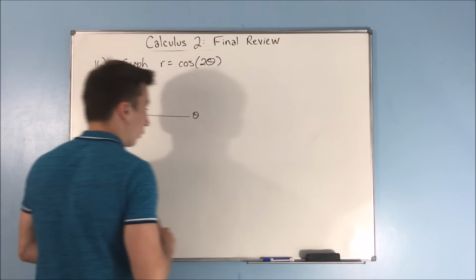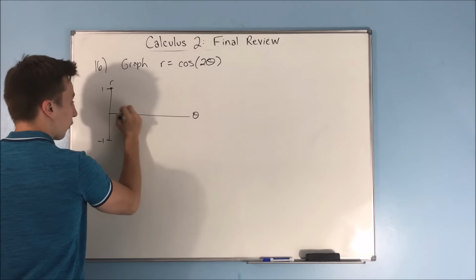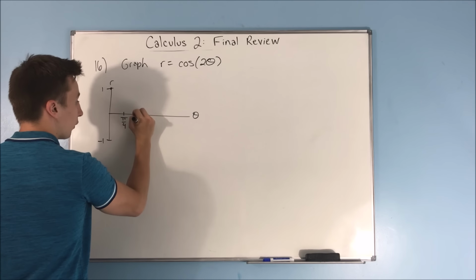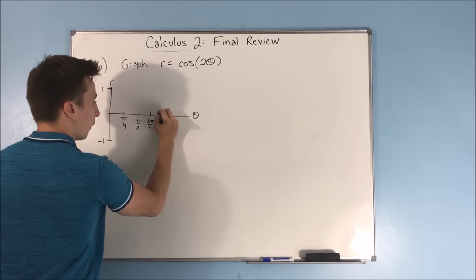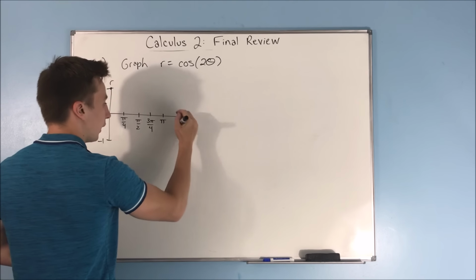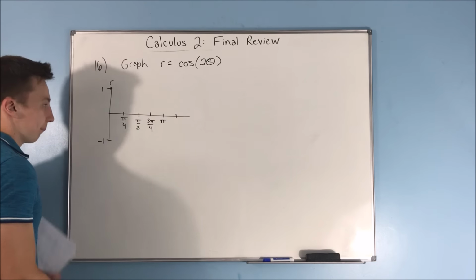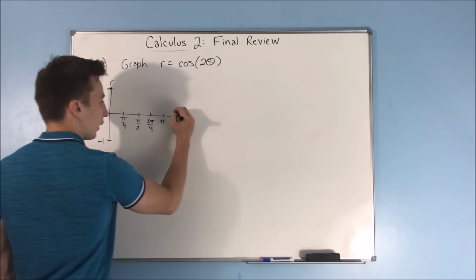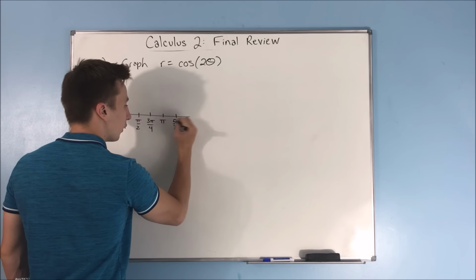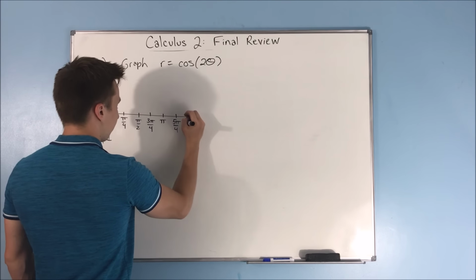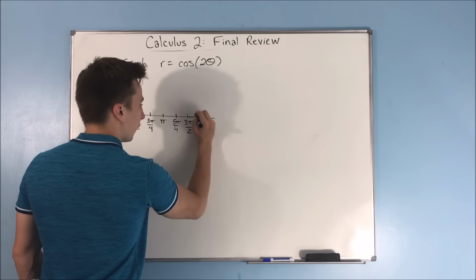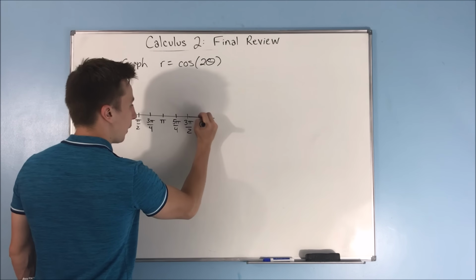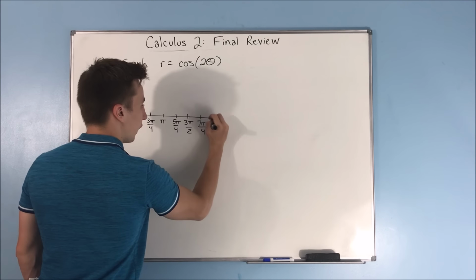All right, so here we're going to write pi over 4, and then pi over 2, and 3 pi over 4, pi, and we can keep going a little bit here. Let's go to 2 pi. We can write 5 pi over 4, and then this will be 3 pi over 2, and then we have 7 pi over 4, and 2 pi.